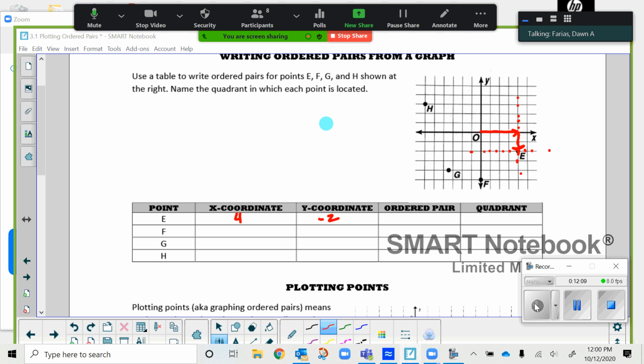So for E, we went to the right 4 and then down 2. And as an ordered pair, remember it's got parentheses. The reason why I'm making a big deal about them separately but then together as an ordered pair is a lot of times students will not put the parentheses on their ordered pair, which if you're turning in your papers, that's maybe not such a big deal because I could kind of understand where you're coming from.